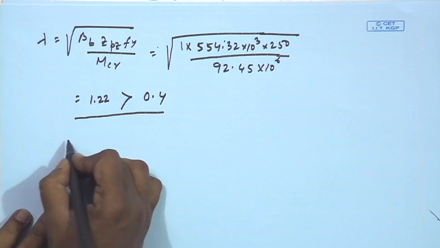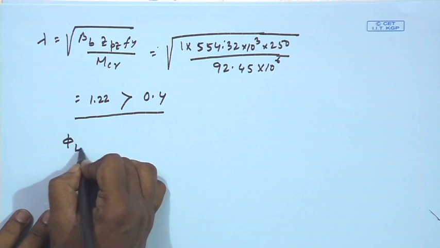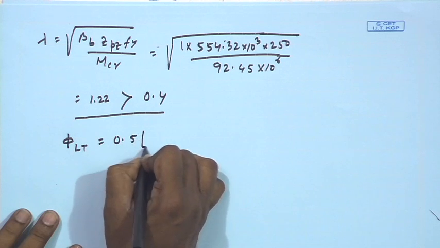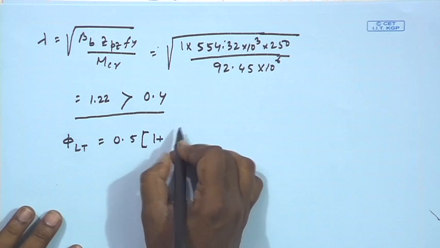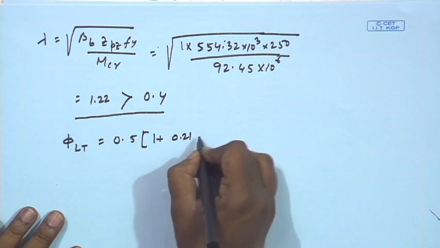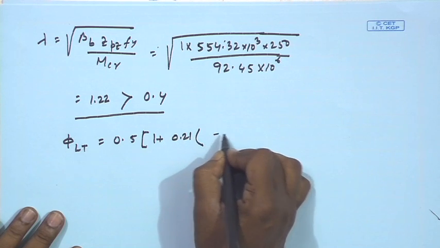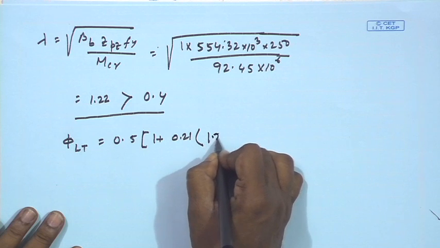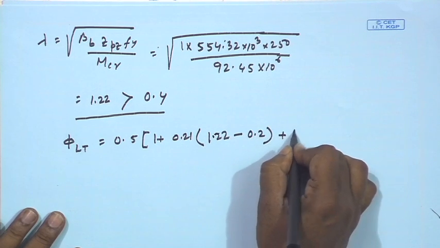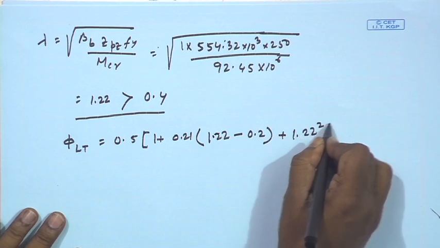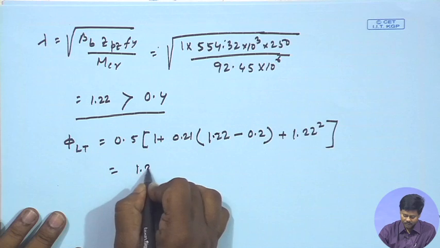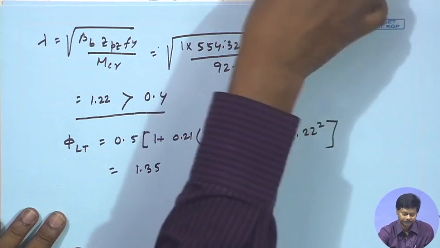Okay. So, we can now find out phi LT. So, this will be 0.5 into (1 plus alpha LT, which will be 0.21 here, into (lambda LT is 1.22 minus 0.2) plus lambda LT square), right. So, phi LT value we are getting 1.35.